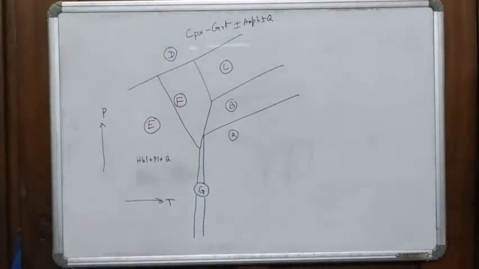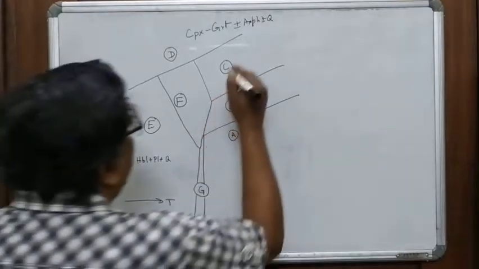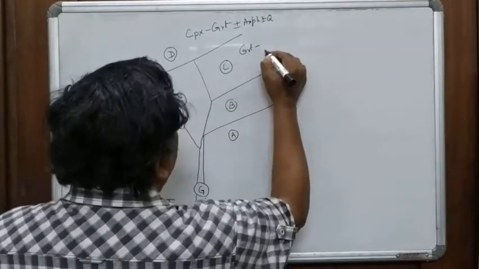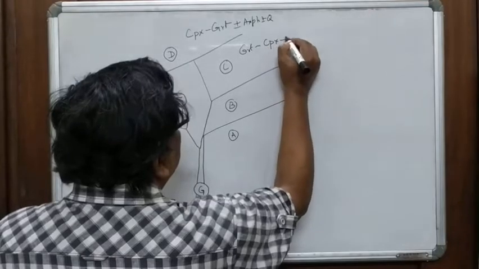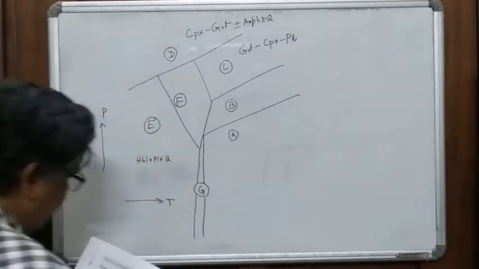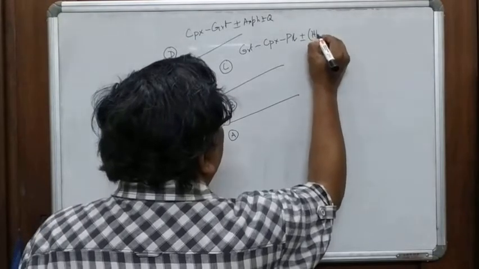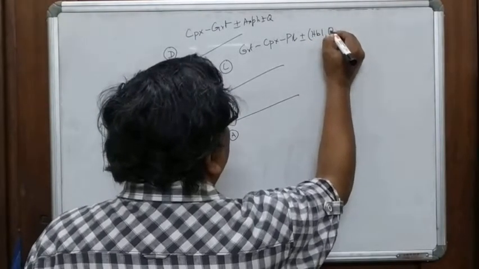That's the assemblage. And then we have garnet, clinopyroxene, plagioclase, plus minus hornblende, quartz.